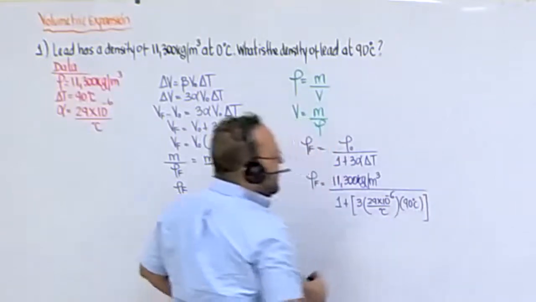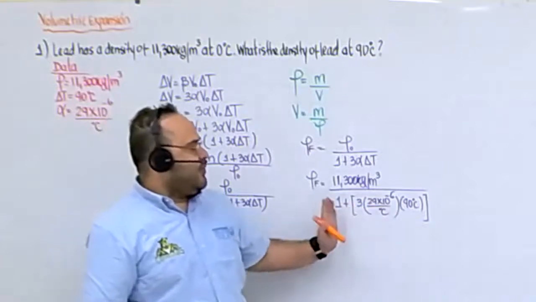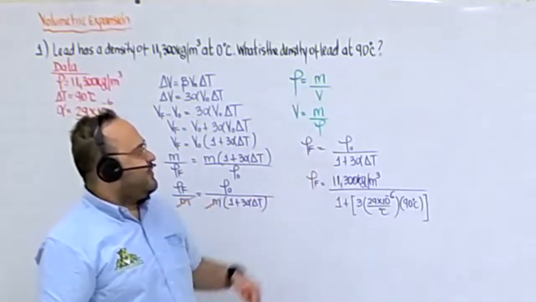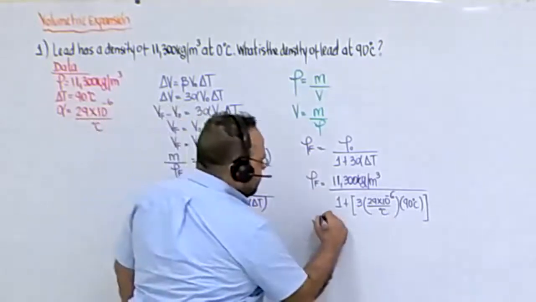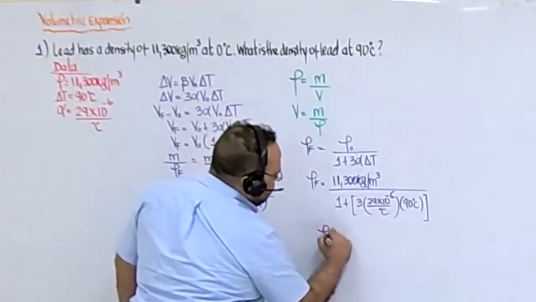And close the brackets. Remember, we perform the inside operation first, then add 1, and after that, divide. Let me show you how we can apply this process in the calculator.